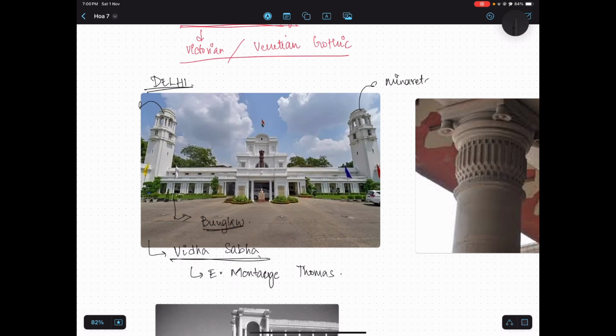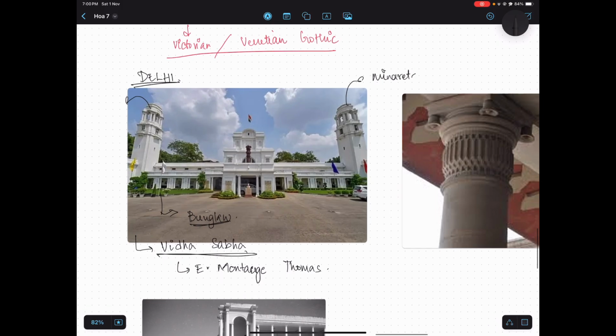So this is Vidhan Sabha, or the Legislative Assembly, or the Old Secretariat of Delhi.